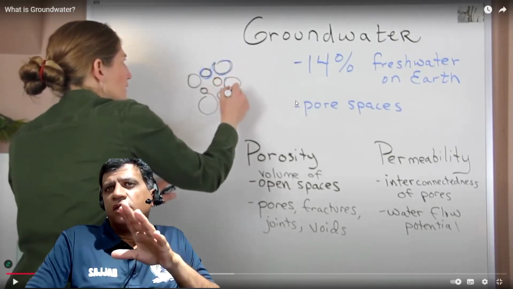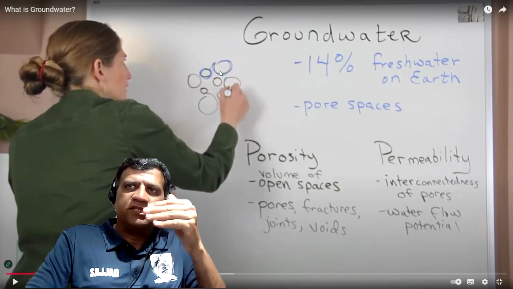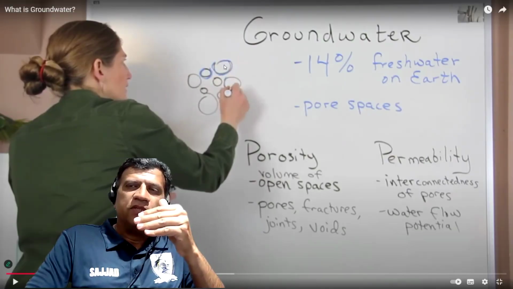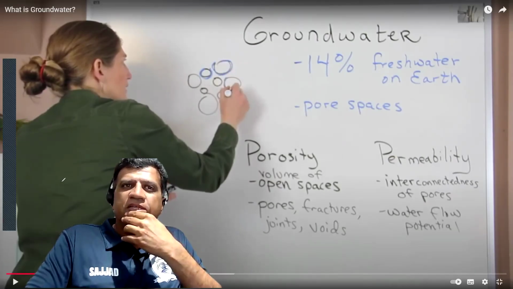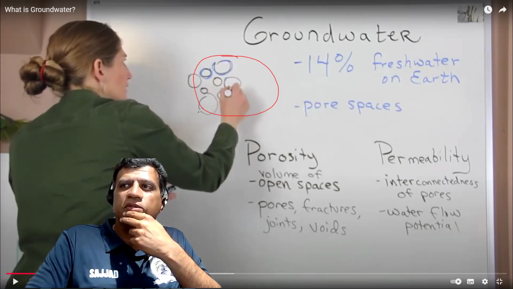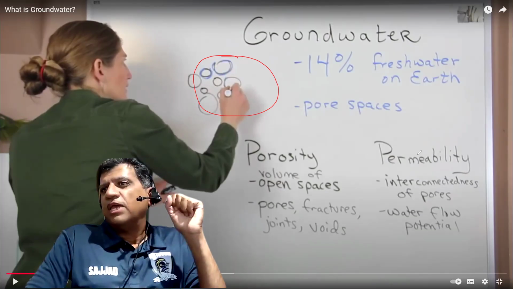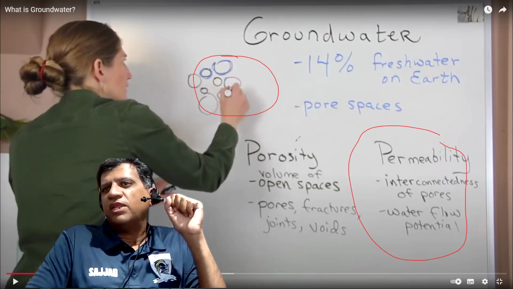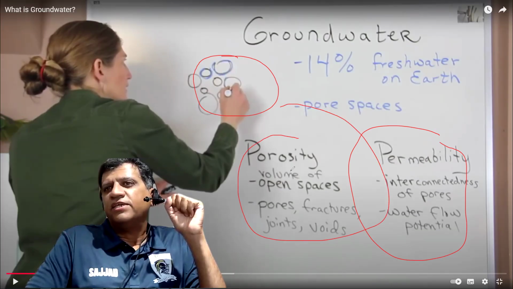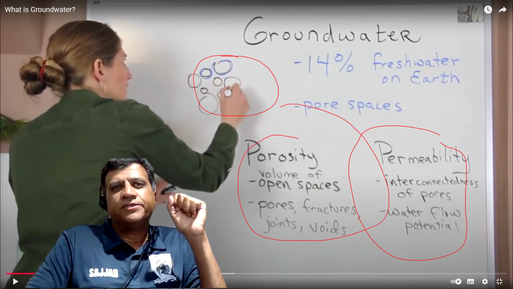So take a look at where groundwater exists. It exists around the grains. Basically, this is important, what she is showing here. Also, understanding what permeability is, what porosity is, is extremely important.